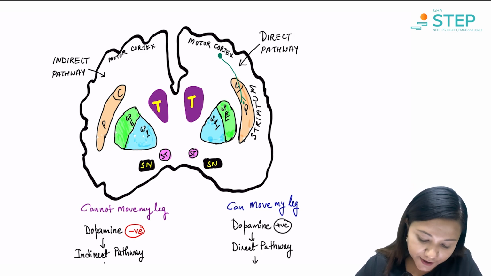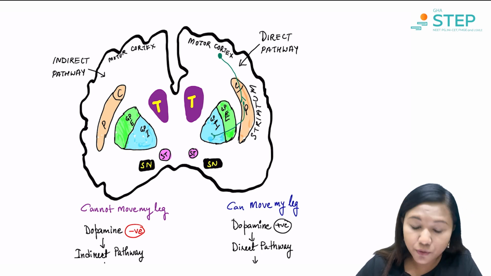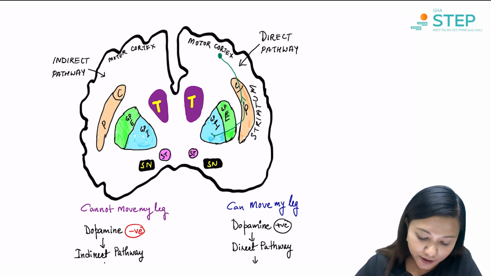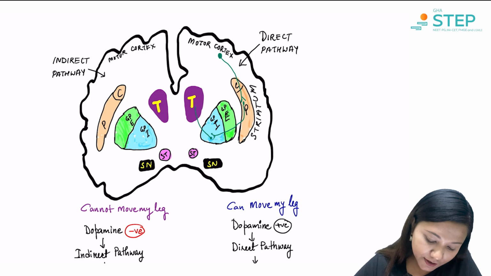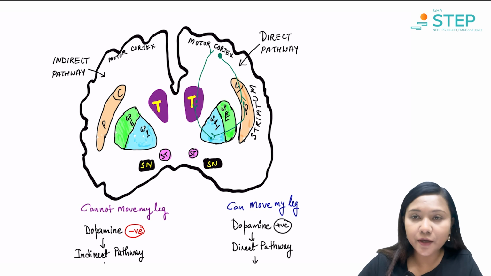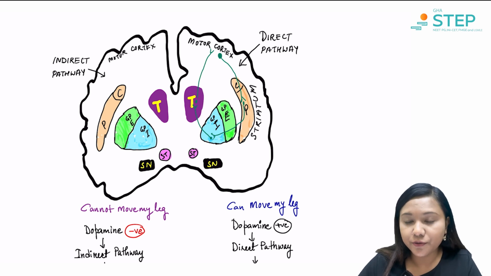From the striatum, the signal will go to the globus pallidus interna, and from there the signal will go to the thalamus, and from the thalamus the signal will say that you can move the limbs or you can walk.